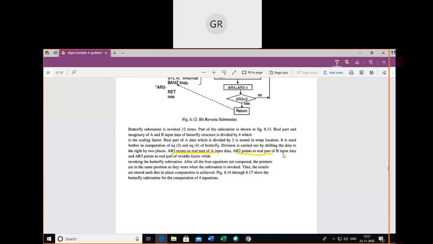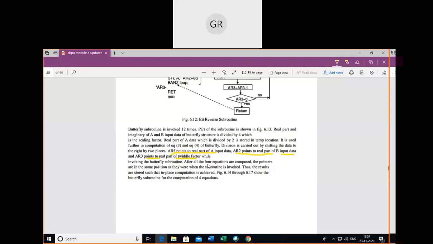AR2 points to the real part of the B input data, and AR3 points to the twiddle factor. Just remember the twiddle factor while invoking the butterfly subroutine.